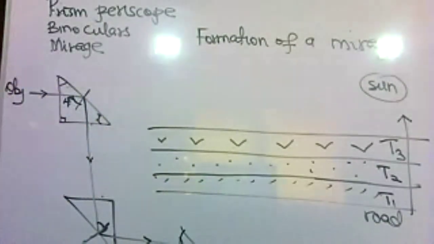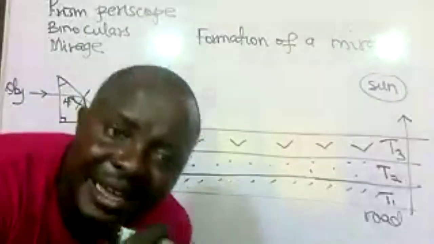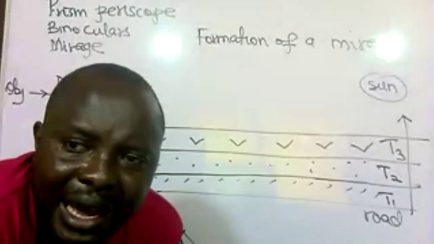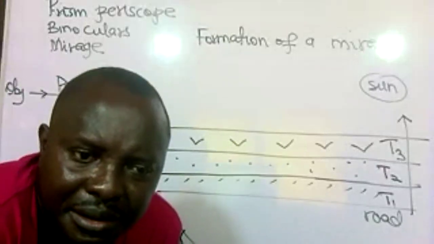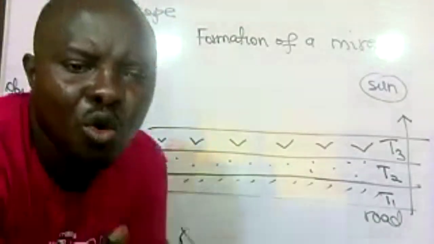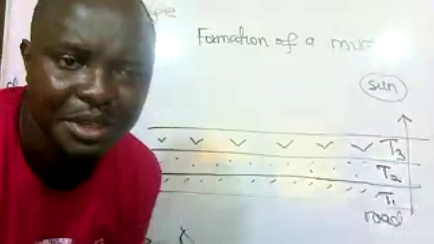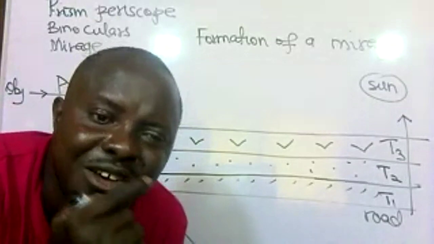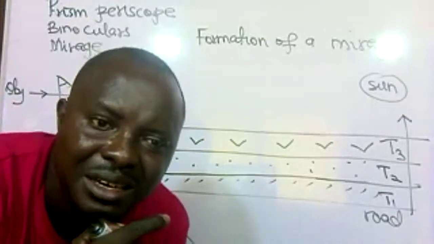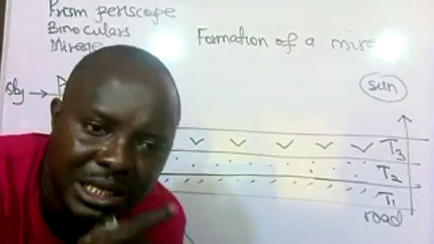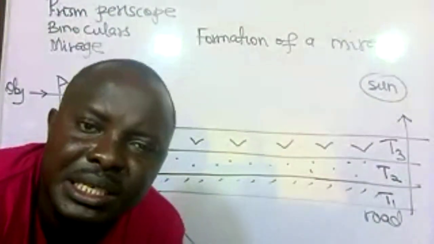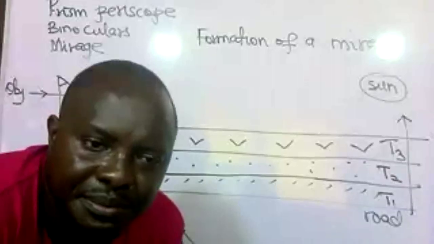Now, air is such that when air is warmer, it becomes so light. So the density of air decreases as a result of increasing temperature.